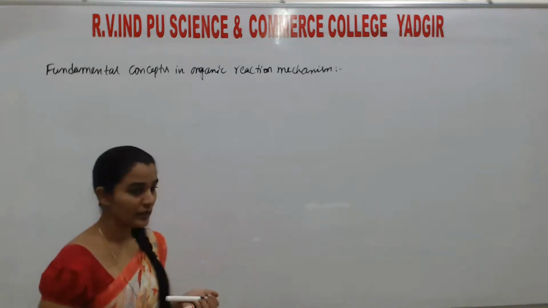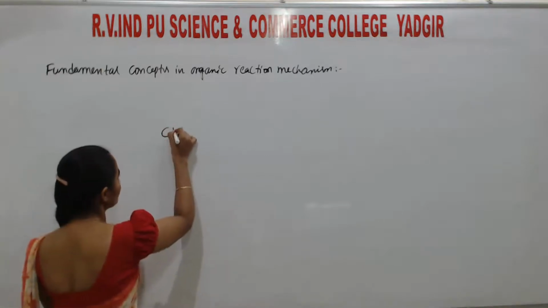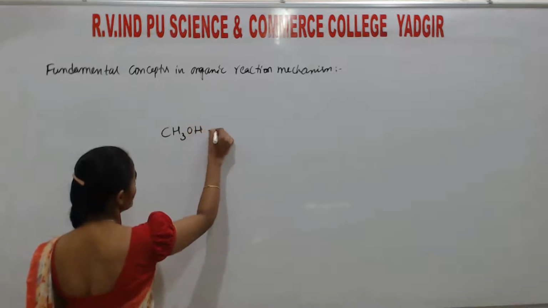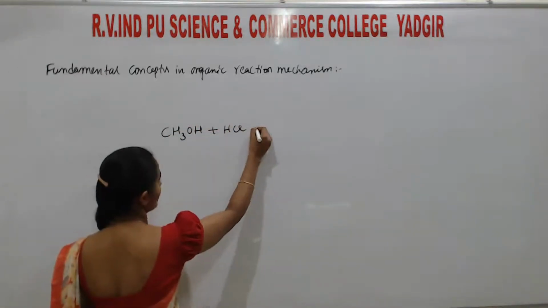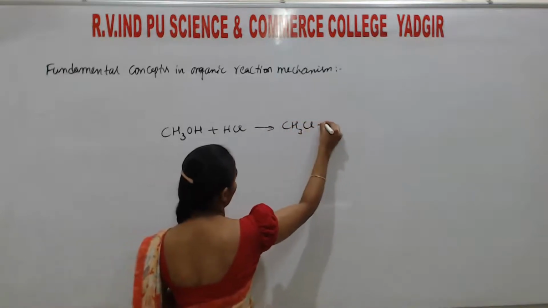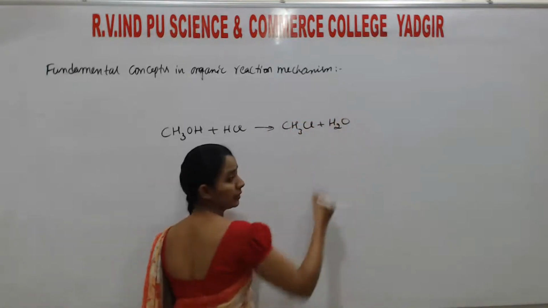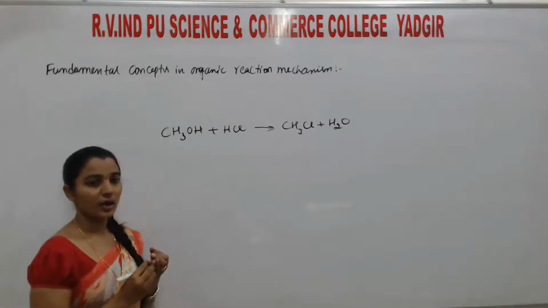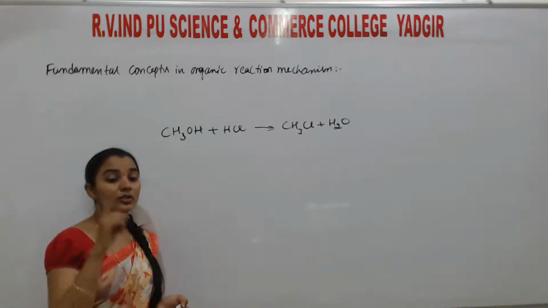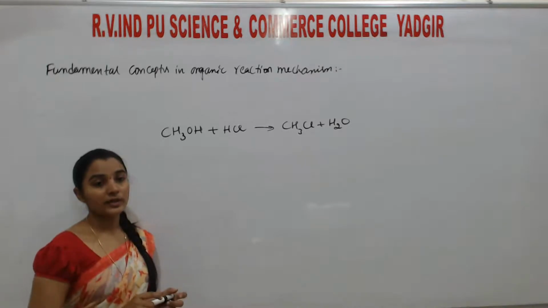So, for example, I'll take, listen, here CH3OH is there, plus HCl is there. What will you write? CH3Cl plus H2O, correct? This is the reaction, and you can easily write that by seeing it. But initially the mechanism will take place. How?